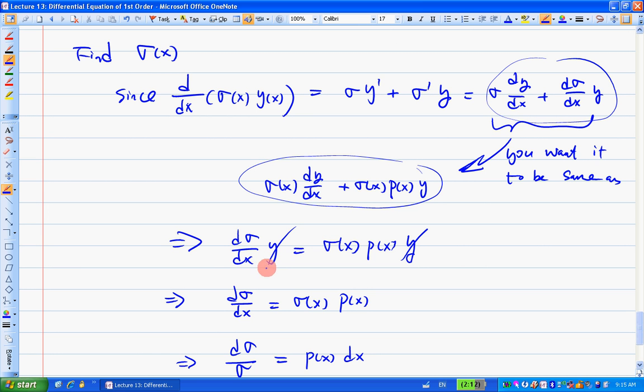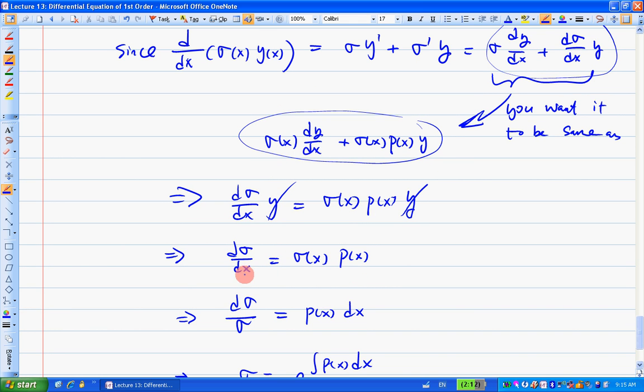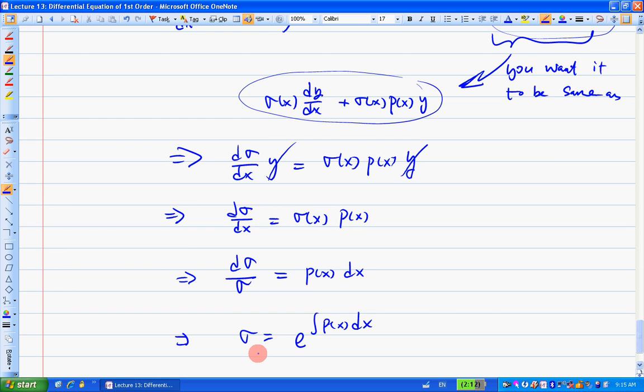There's a y on each side, so you cancel the y, and you end up with just d sigma over dx of this. Then you can separate variables, put all the x together, put all the sigma together, and now you can integrate, right? Then this is going to be a possible function sigma.